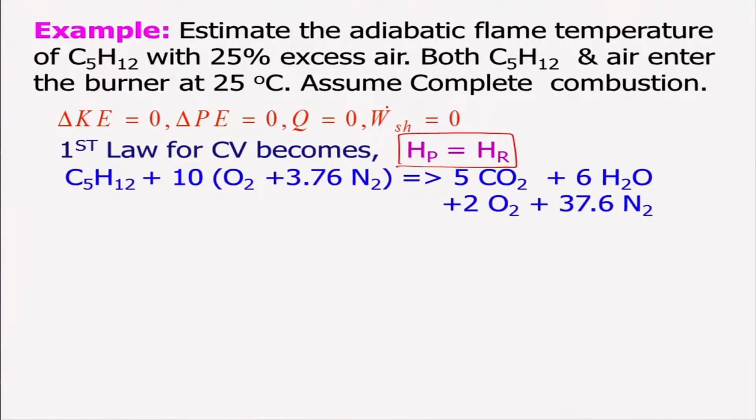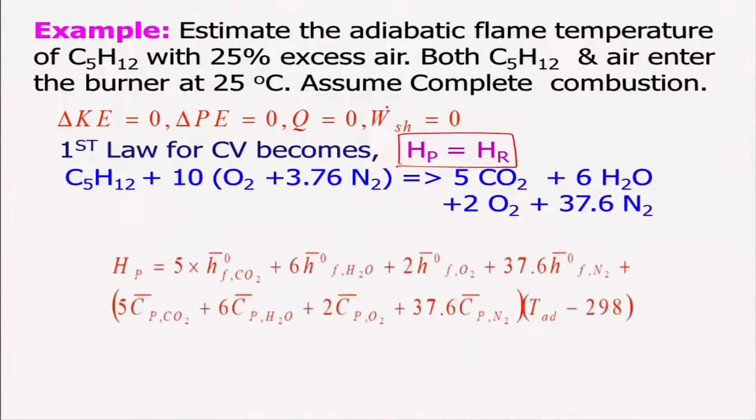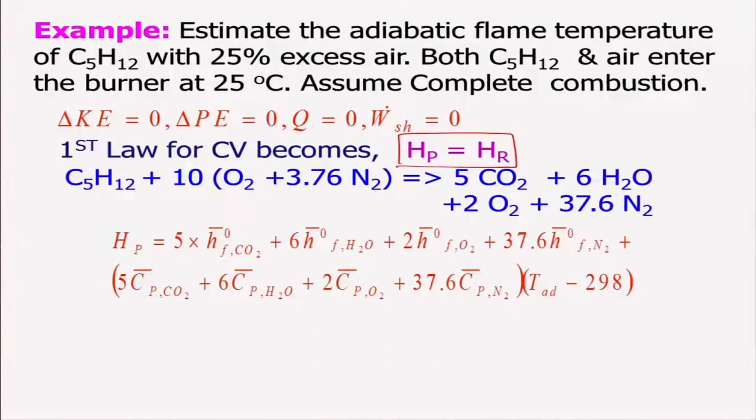You can do this balance, and I can write down Hp is equal to 5 h_f of CO2 plus 6 h_f of water and 2 h_f of oxygen and 37 points of the nitrogen, right.